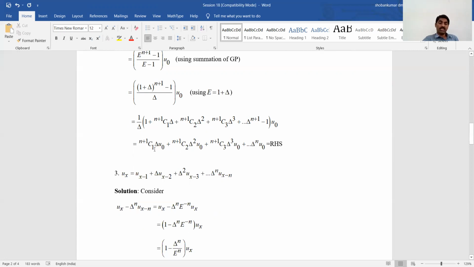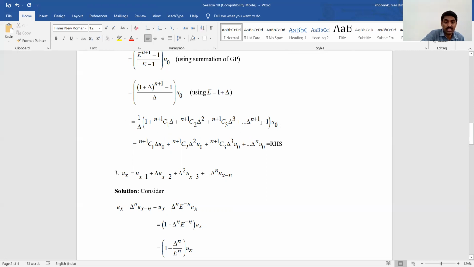Here n plus 1 c1. Now it becomes 1 by delta on 1 plus n plus 1 c1 delta plus n plus 1 c2 delta square plus n plus 1 c3 delta cube plus and so on delta raised to n plus 1 minus 1.